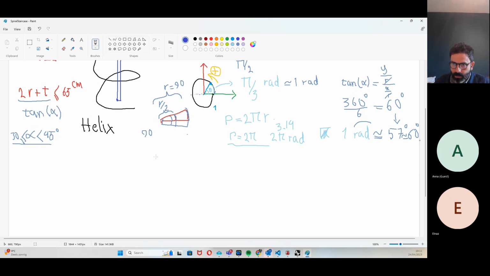So, let's write it again. C as a function of theta equal to x equals r cosine of theta, y equals r sine of theta. Then basically my question now is, can we write z as a function of theta as well?